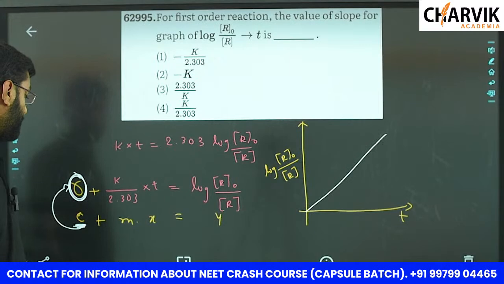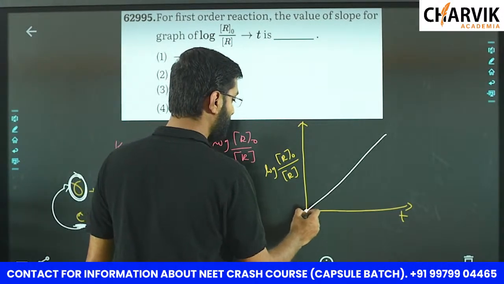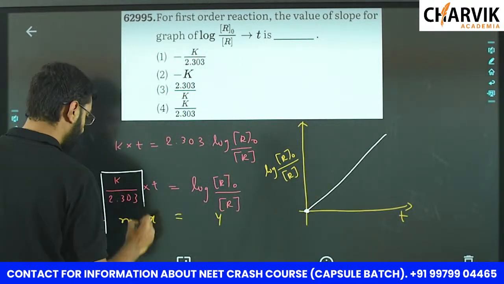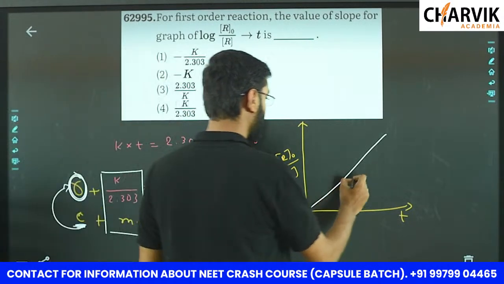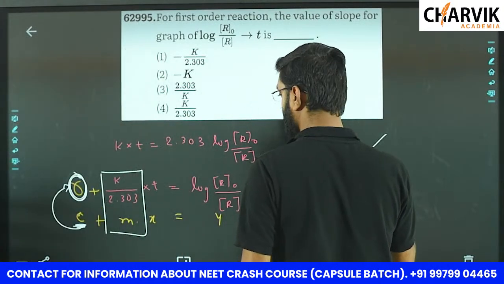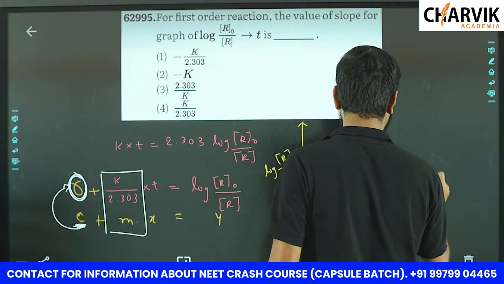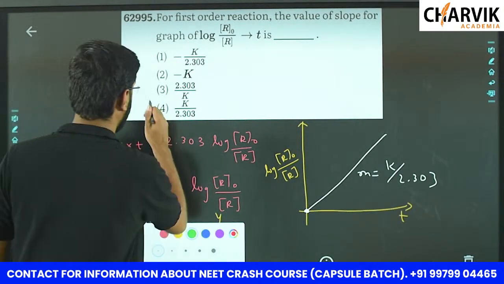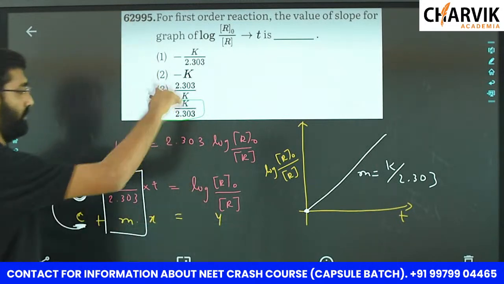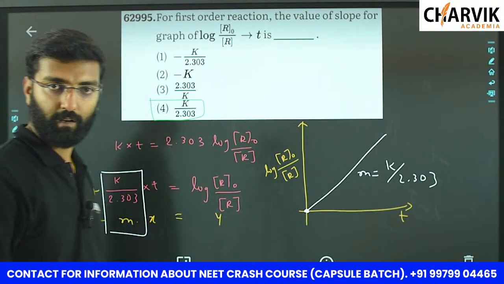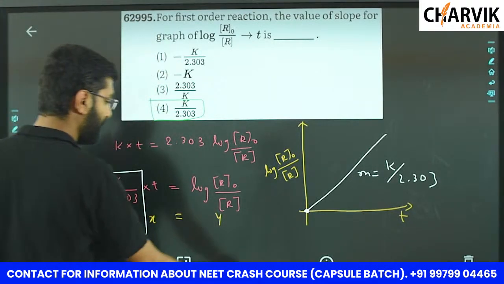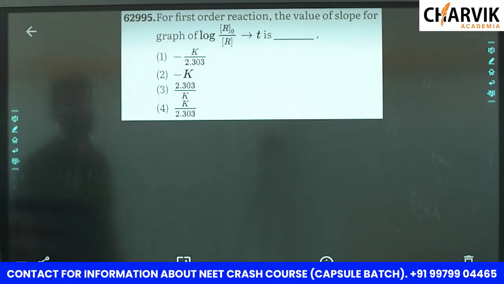If the intercept is 0 then the graph starts from the origin, and you can see the slope of this graph is K by 2.303, and your answer is 4. Done and dusted, right? So chemical kinetics, no easy question.